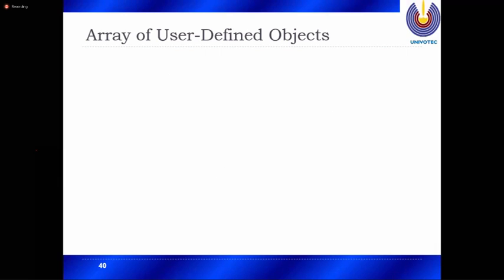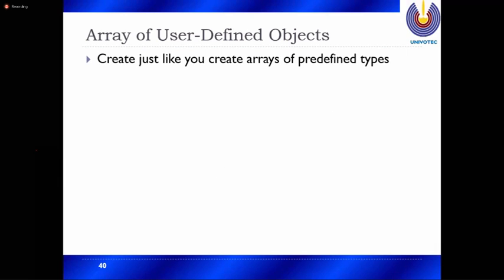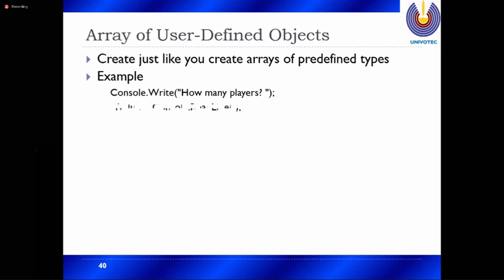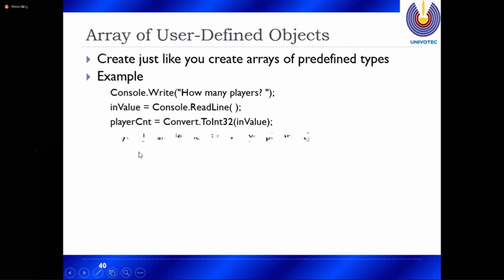Array of user defined objects. Create it just like you create an array of predefined type. For example, Player content. Then we can use that array as an object. Player as a team member, new Player, player content.